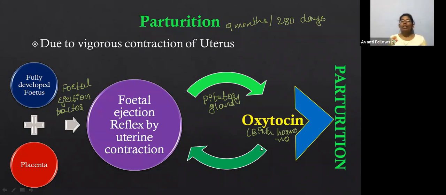Now what happens? This oxytocin again moves to the uterus, and now it causes very strong contractions in the uterus, right? Have you ever watched movies? Most of you have watched movies, I know.